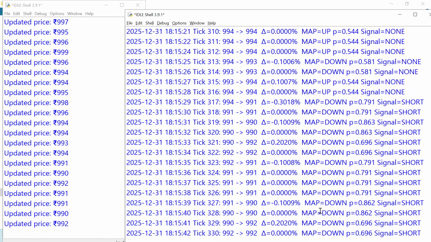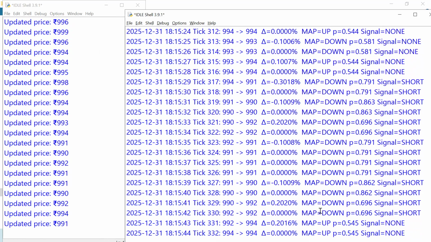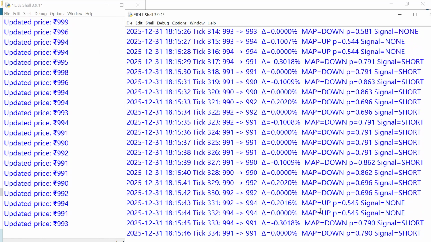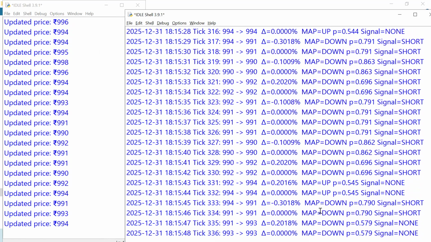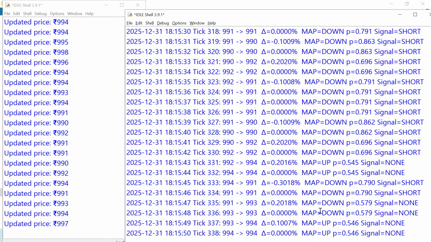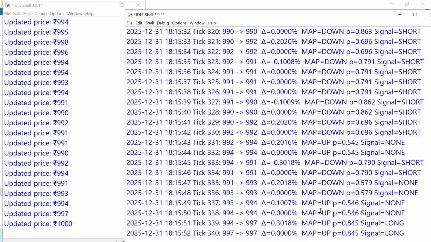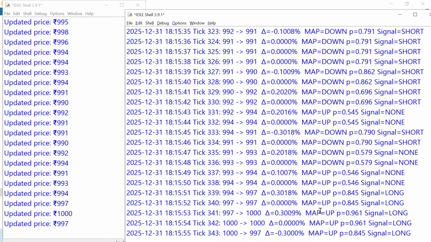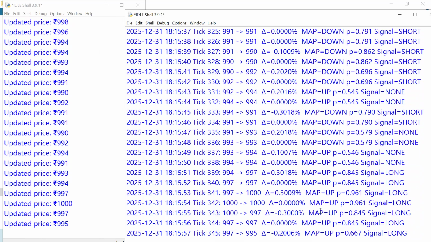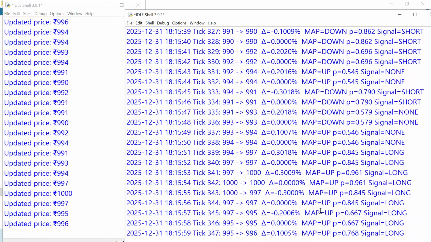First from long it came to none, now short, and now again none, because the market has become very flat. Now at 994 it changed to the long position.